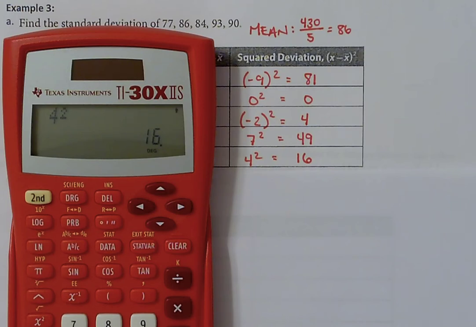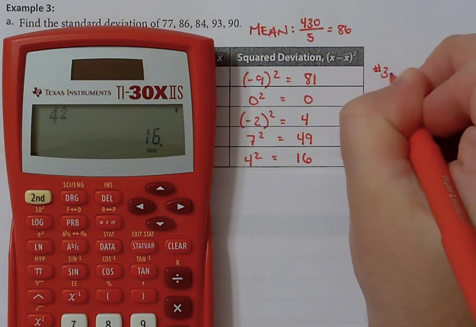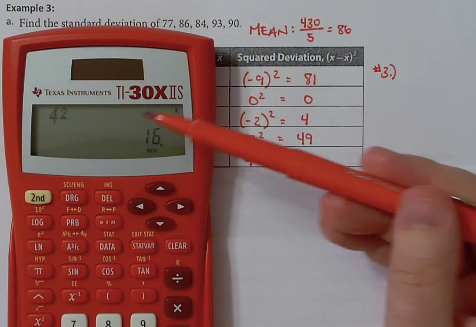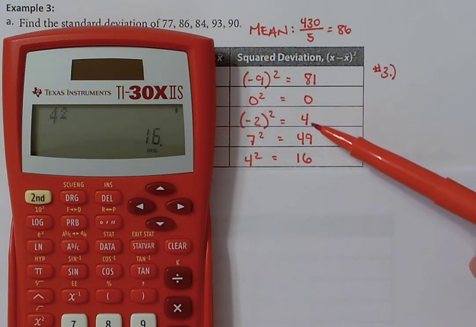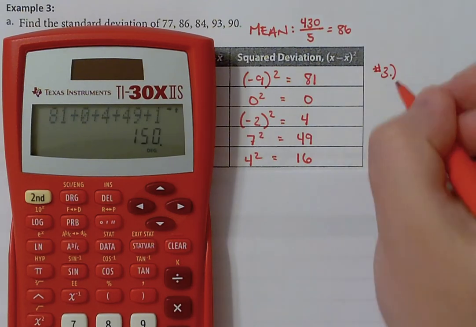Your next step, so this would be then step number 3, is we're going to go through and add all those numbers up. So we're going to take 81 plus 0 plus 4 plus 49 plus 16. So we add them all up and we get 150.